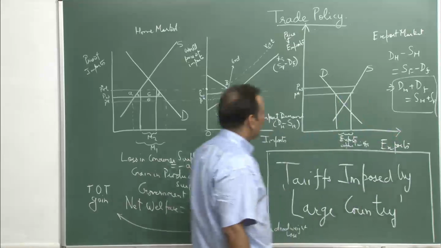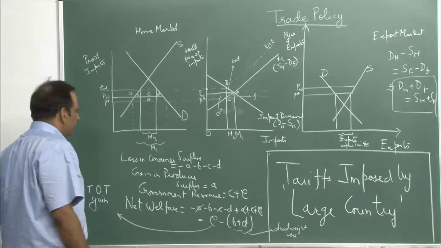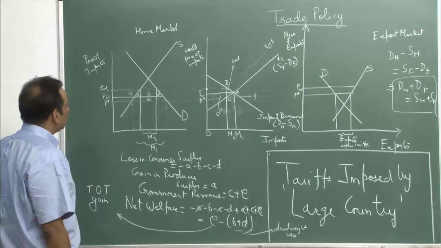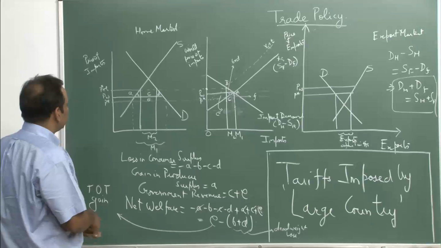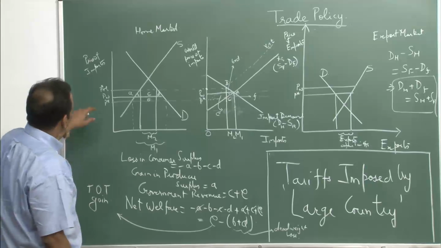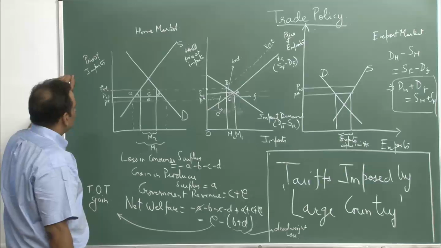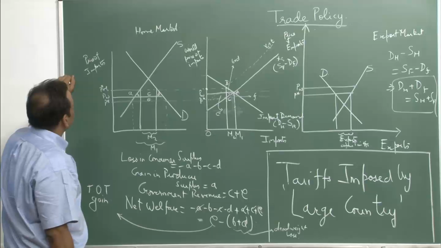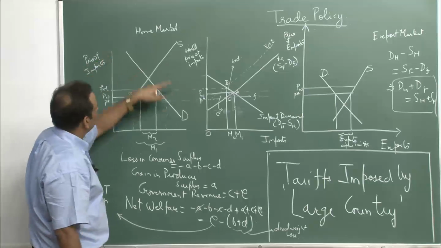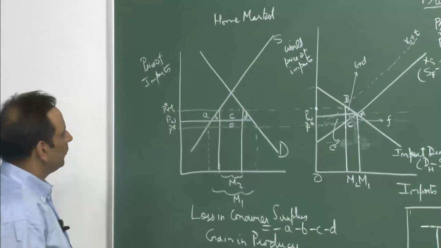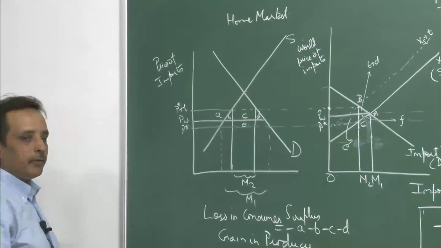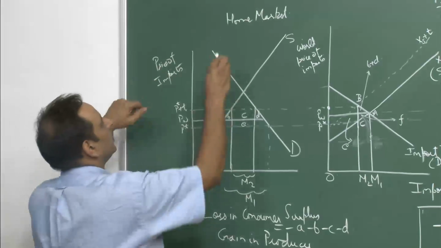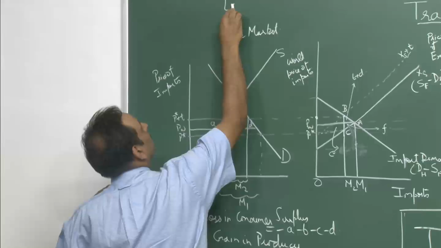supply. Now, please recall from the last lecture's discussion on the home market, we have the demand curve, we have the supply curve, and now this home country is a large country.